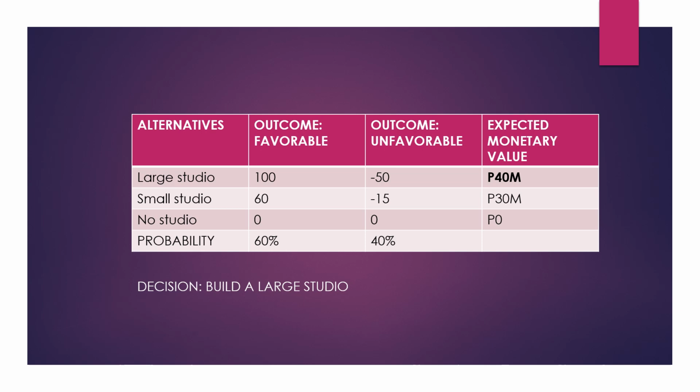So this is easy: you just multiply the outcome and the probability of it occurring.